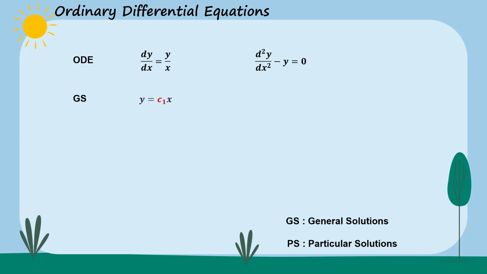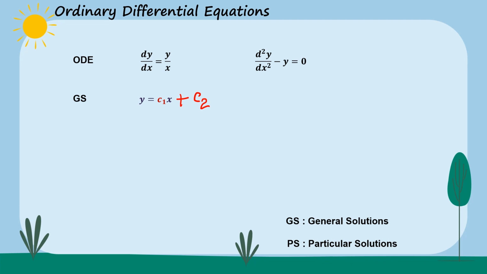Now see that here we have y = c1 x. This will be the solution. Now, if I add one more constant here, something plus c2, it is obviously not the solution, because it's a constant.